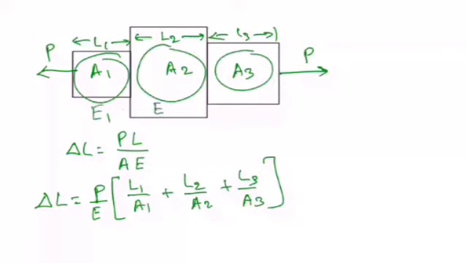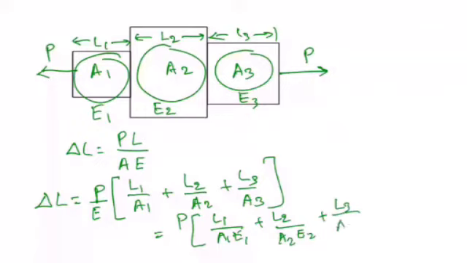Say this is E1, this is E2, and this is E3. In that case, the equation will be P into L1 by A1 E1 plus L2 by A2 E2 plus L3 by A3 E3.